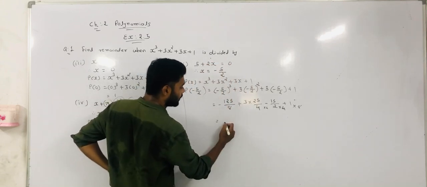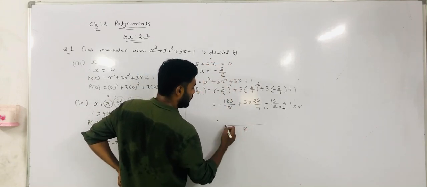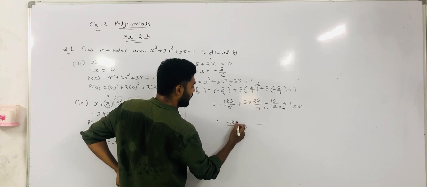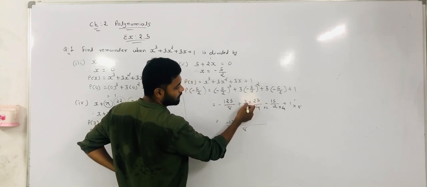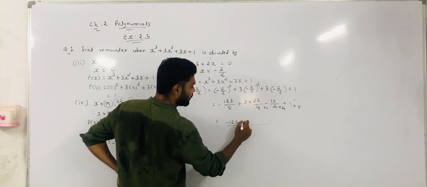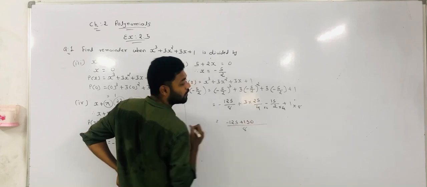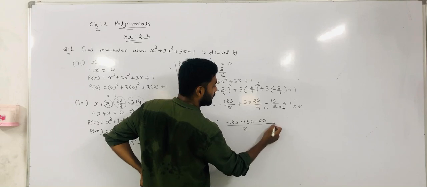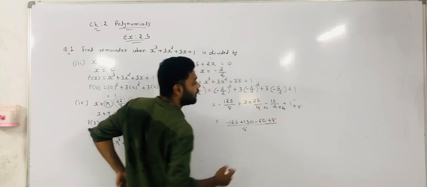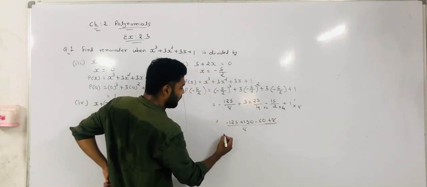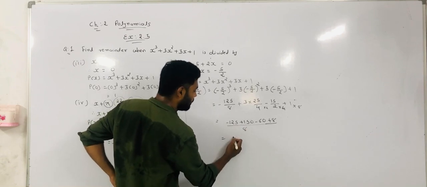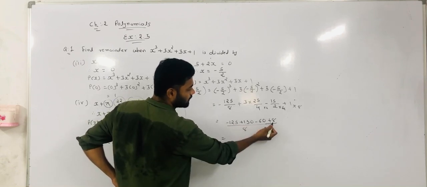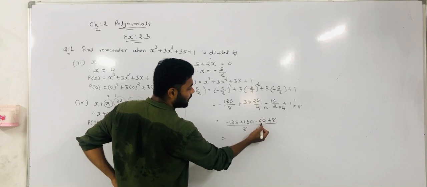So what will you get? Minus 125. 25 into 3 is 75, into 2, so you will get 150. 15 into 4 is 60, plus 8. So minus 125 plus 150 will be 25, plus 8 is 28, minus 60.